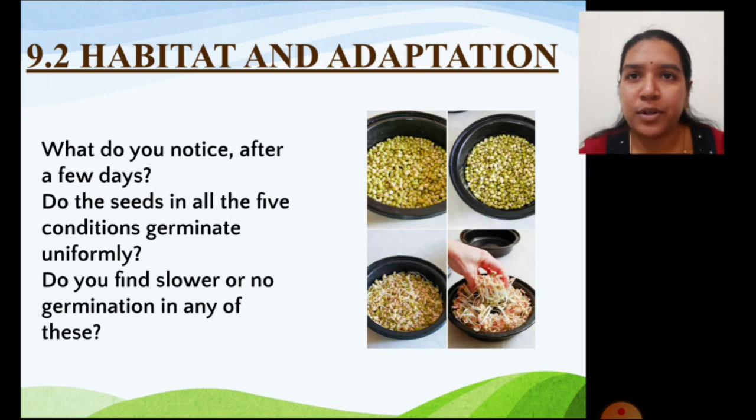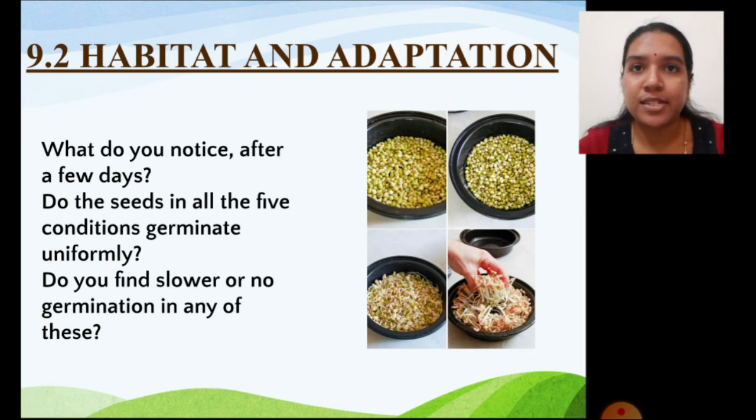After 3 to 4 days, what do you observe in this activity? Do all the seeds of all the 4 different parts germinate uniformly? Or is there any difference in their germination rate or the speed of germination?